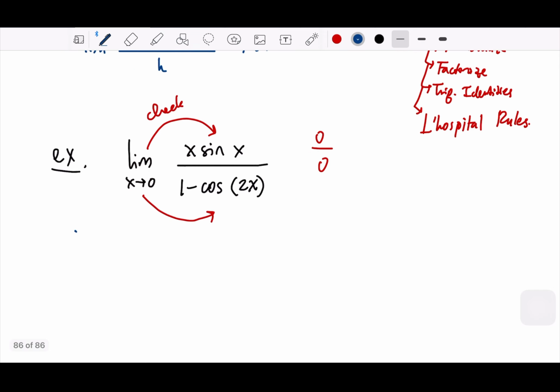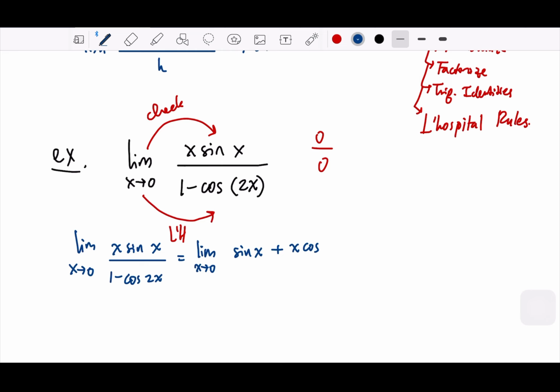So if you want to directly answer, you can use the L'Hopital rule if you want. Meaning, L'Hopital means that the top and the bottom need to be differentiated each one. Okay.